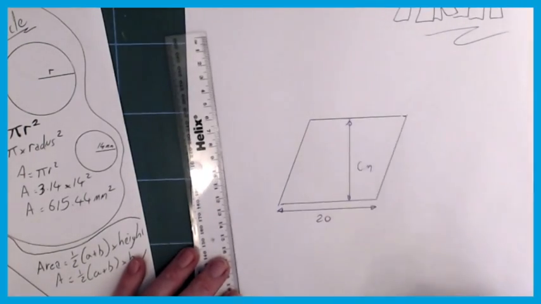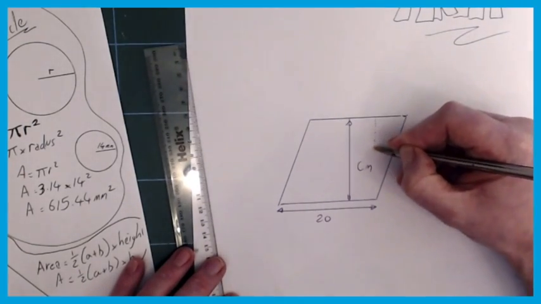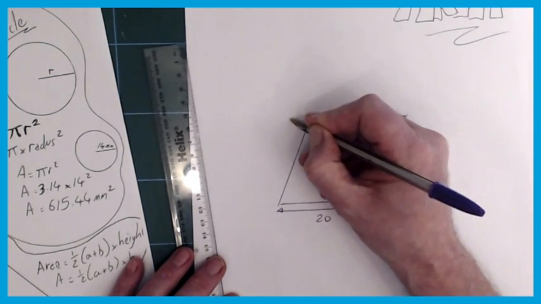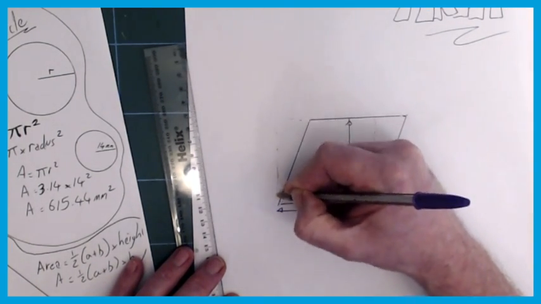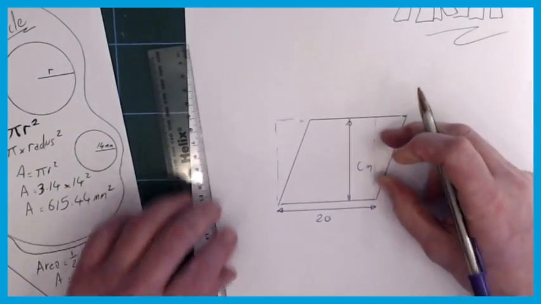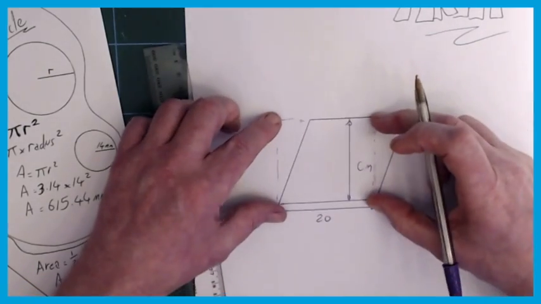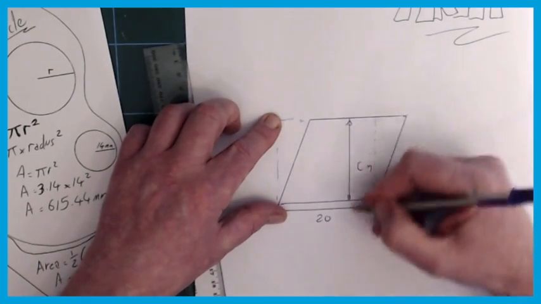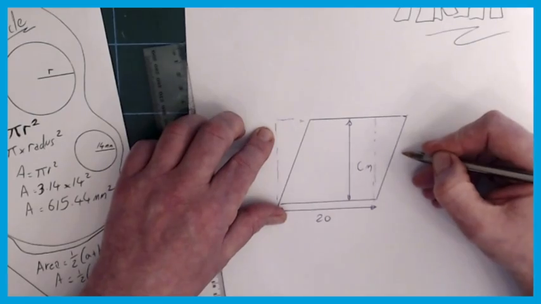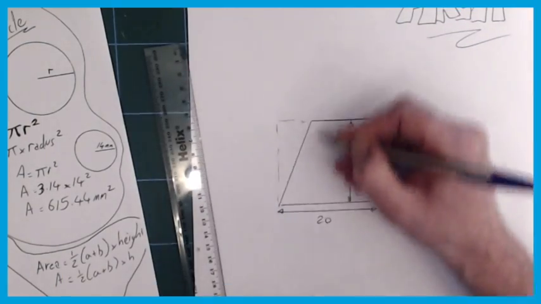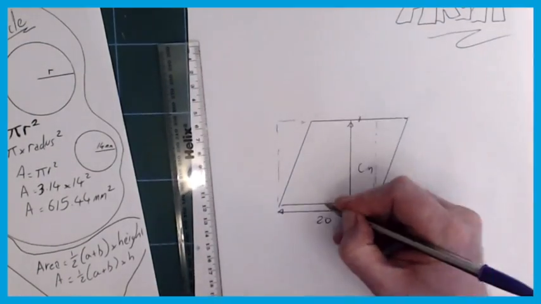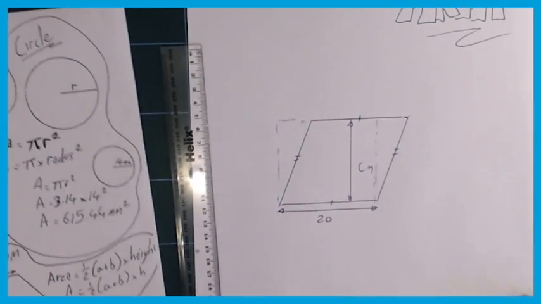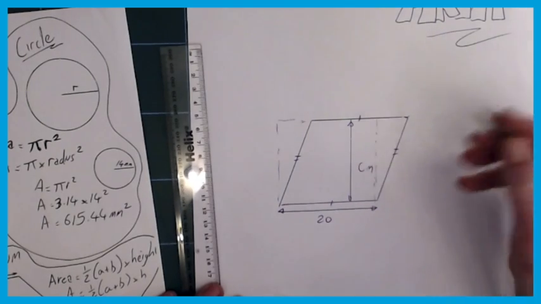If we think about it, if I do a line down here and I took this bit across, if we took this piece and put it over there, it would make a rectangle. So it is that distance we're wanting, not that distance there. This is just the cutout from here. And it has to be a parallelogram, you have to have equal sides. So what did I say that was?